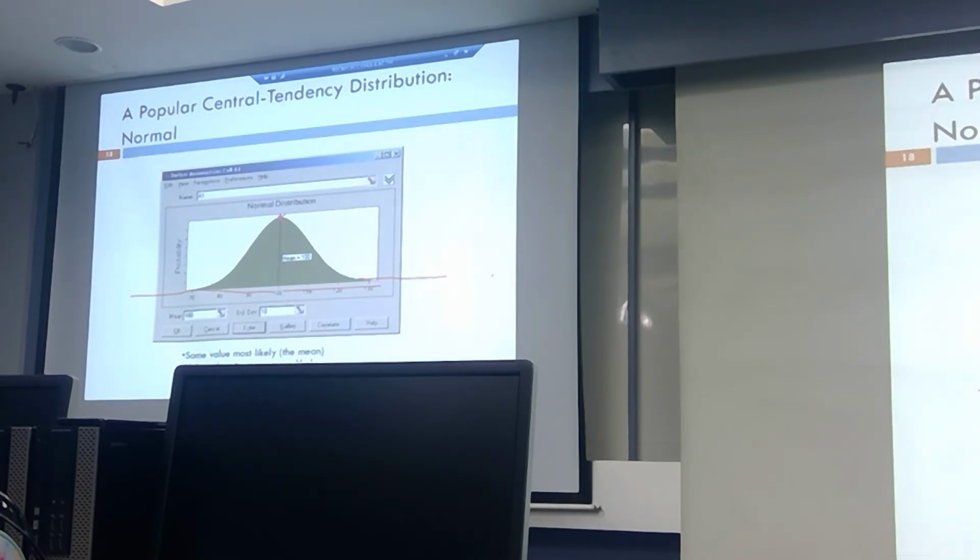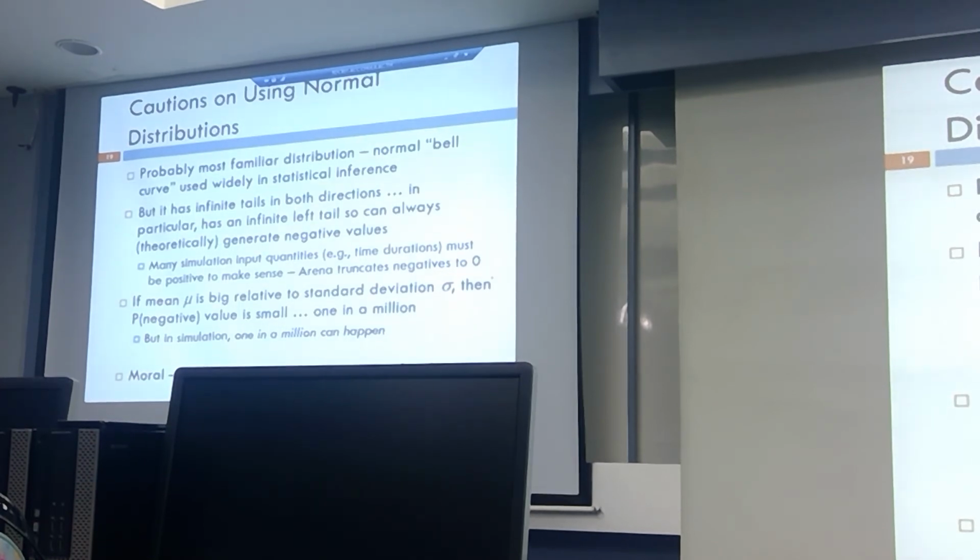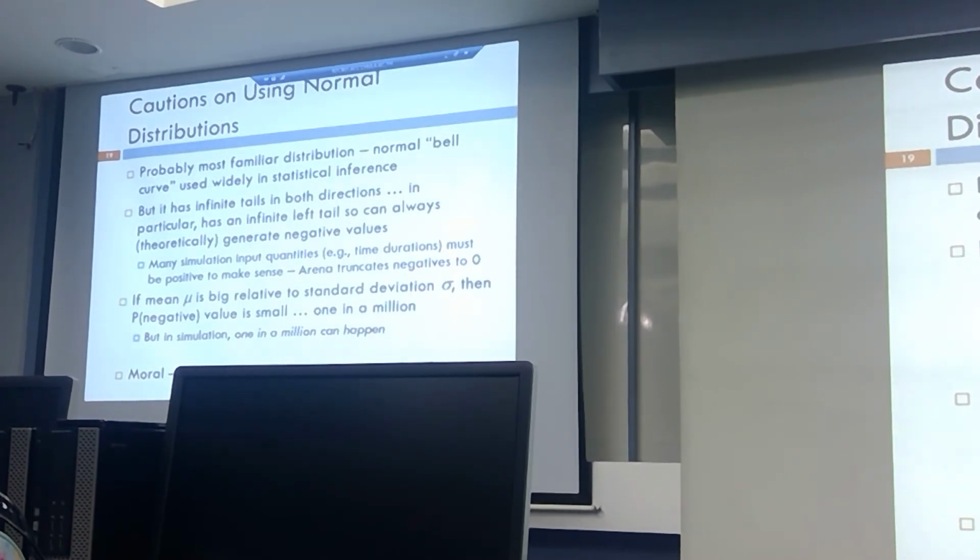So it's taking too long. So that could happen. So be careful about it. And also the problem about negative values, right? If the mean is small compared to the standard deviation, which means the standard deviation is really close to the mean.